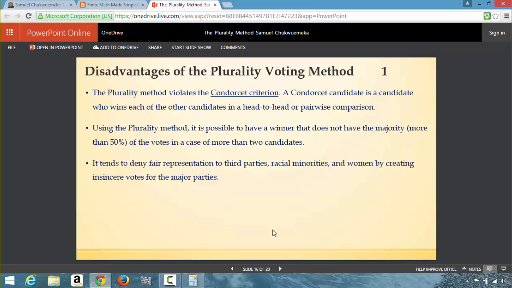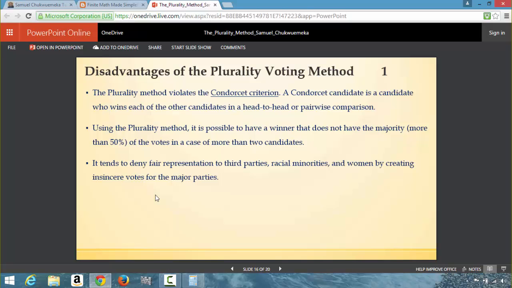Let me explain this. Insincere votes. What do I mean by this? Look at some elections, for instance, the election between Bush, Clinton, and Perot.